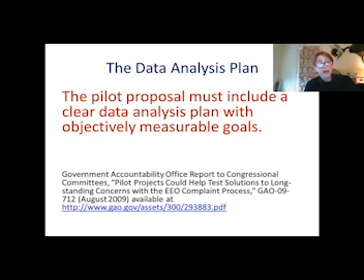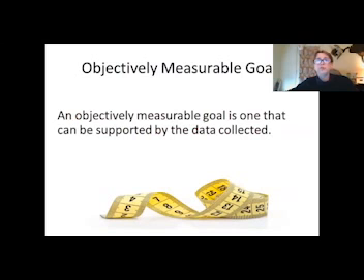If you'd like to go look at it, it's kind of dry, having read it myself, but it's there if you want to take a look at it and see what they have to say about the data analysis plan. So objectively measurable goals. What is an objectively measurable goal? It's one that can be supported by the data that you're going to collect as part of your pilot.